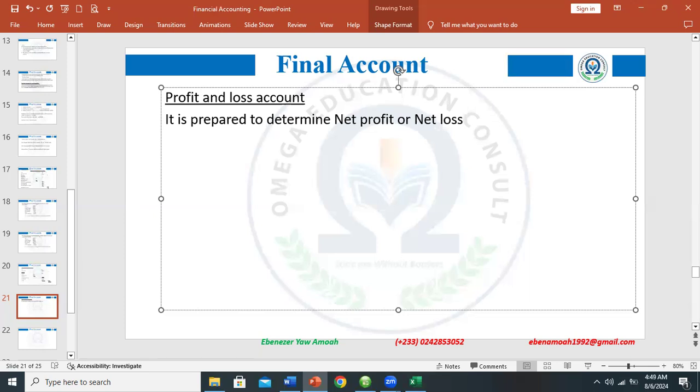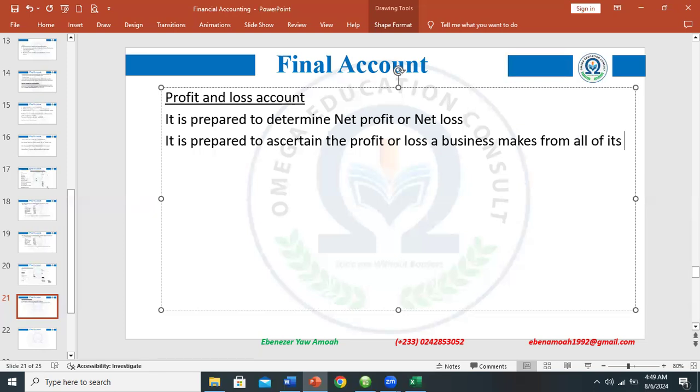In other words, it is prepared to ascertain profit or loss a business makes from all of its operations, in bracket, both trading and other operations.